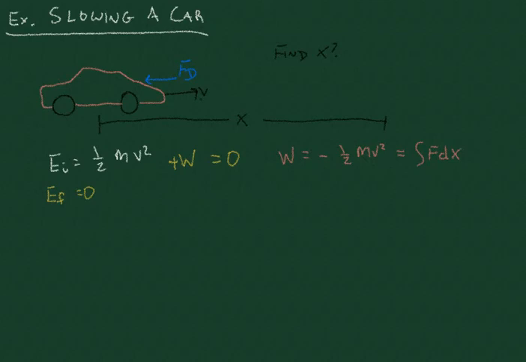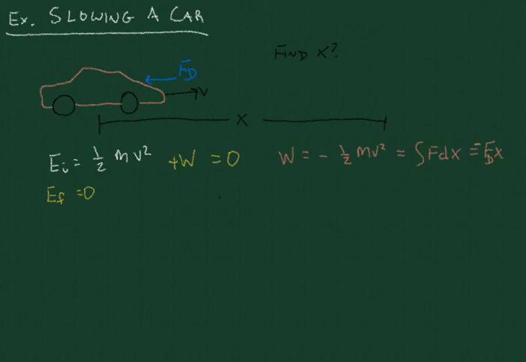So we'll say that there's a constant force slowing it down, which means this is just going to be F_d times x, but with a minus sign, right? Because I'm doing work against the direction that we're traveling, because we know that overall this is going to give us a negative work.